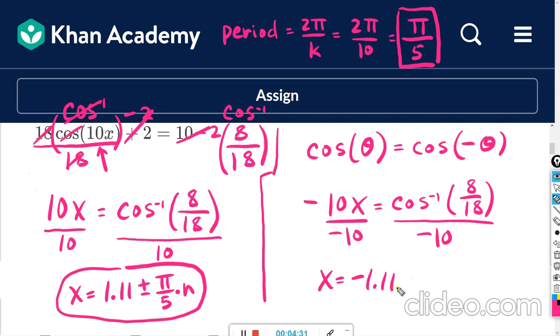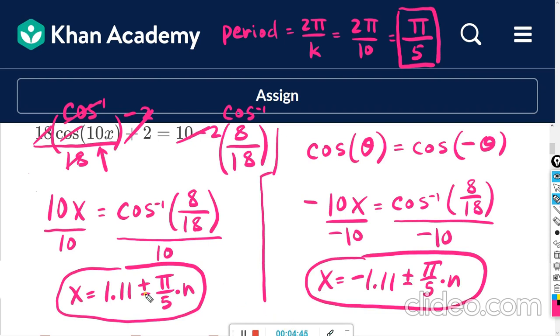The same thing on this side. Plus or minus pi over 5 times n. So we're going to go to our choices and look for these two answers and make sure we have the correct period as well, pi over 5 times n.